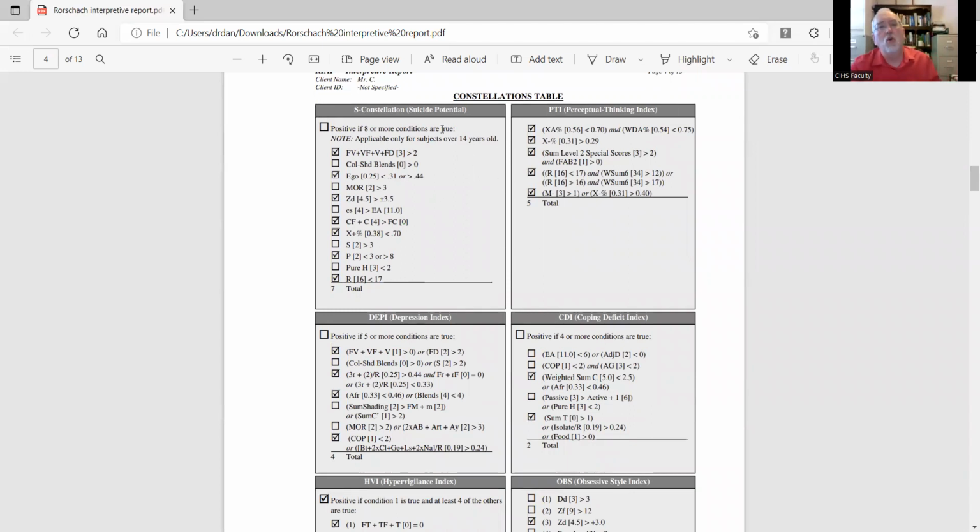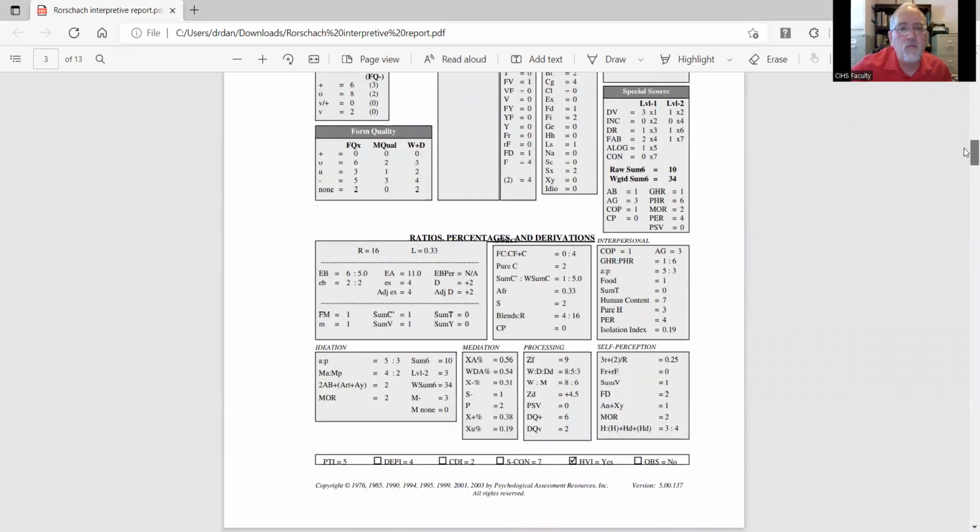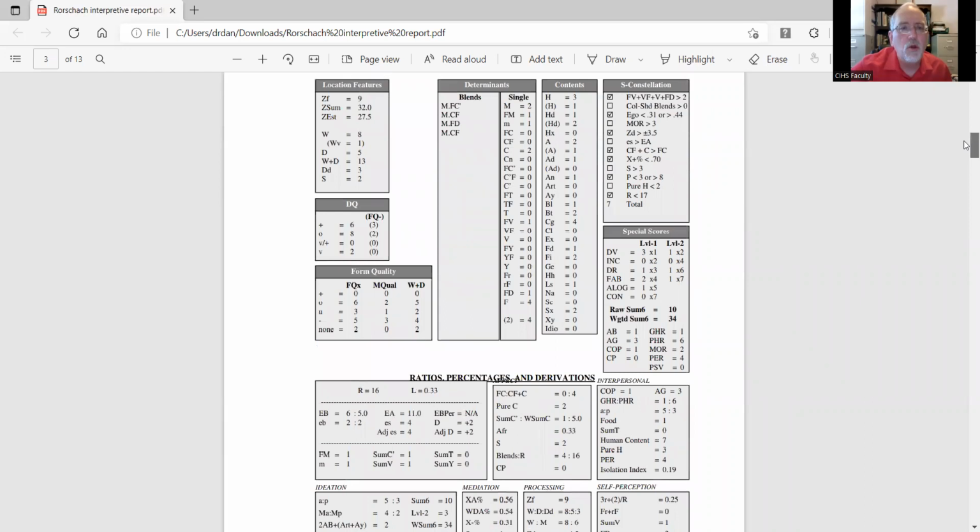For instance, with the suicide constellation, you look for things like FV. Here's suicide.